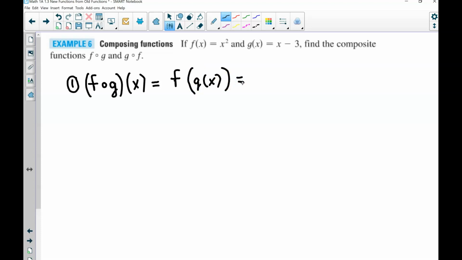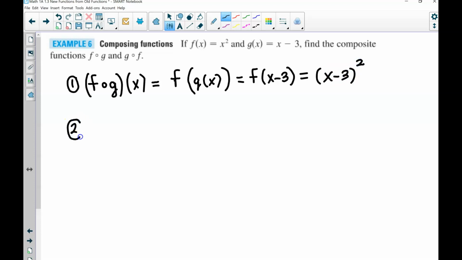So you would substitute g of x to be x minus 3. And now that becomes the input on the function of f. And so therefore we would end up with x minus 3 squared.